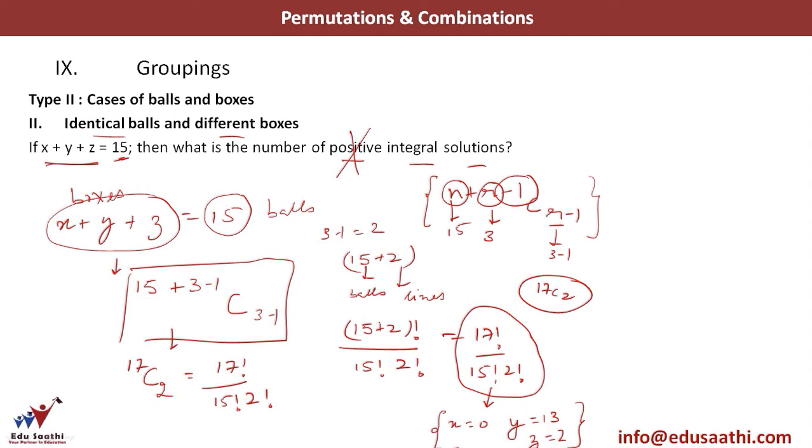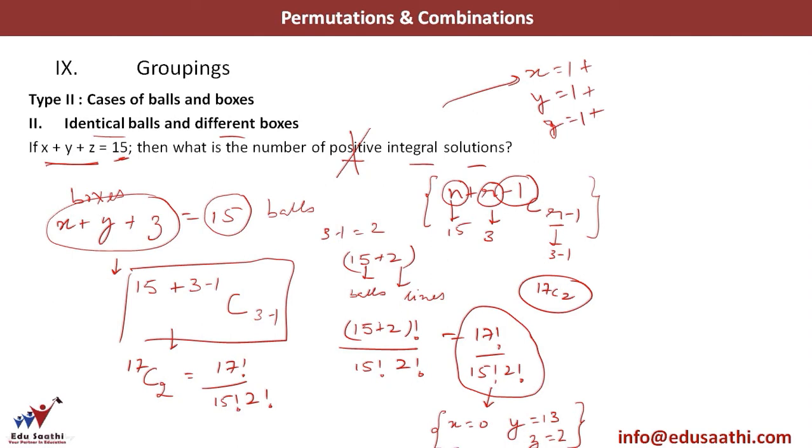But we need a positive integral solution, meaning x, y and z at least have to be 1. x has to be at least 1, y also has to be at least 1, and z also has to be at least 1. So I'll write 1 plus, 1 plus and 1 plus. So anything greater than 1. Or in other words, each box needs to have a ball.